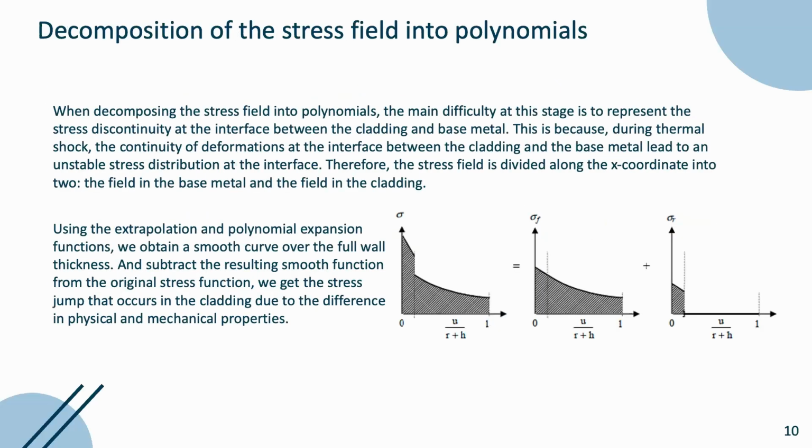The decomposition of the stress field into polynomials is an important item. The main difficulty at this stage is to represent the stress discontinuity at the interface between the cladding and the base metal. Therefore, the stress field is divided along the x coordinate into two fields: the field in the base metal and the field in the cladding.